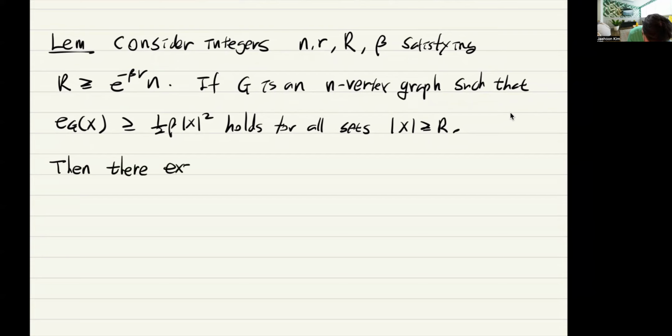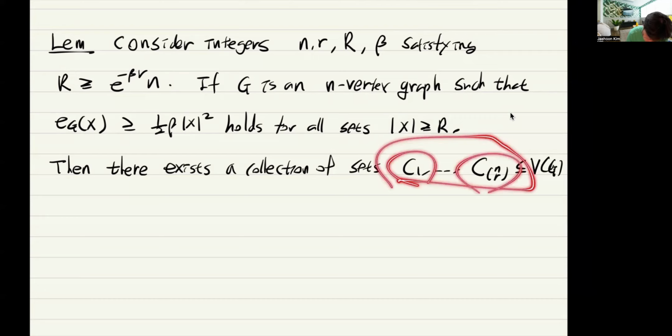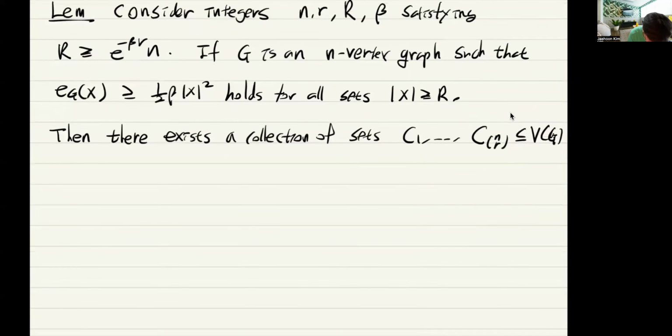Then we say that there exists a collection C1 to C, say, n choose r, which are all subsets. So this is a collection, and each of them is a vertex set that satisfies the following.